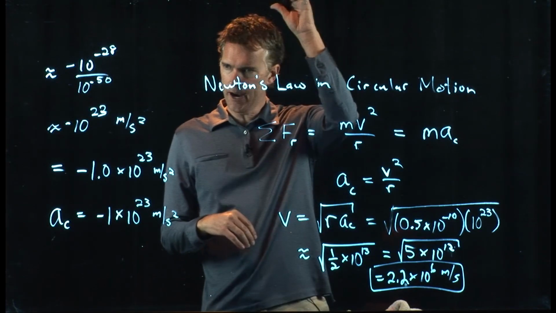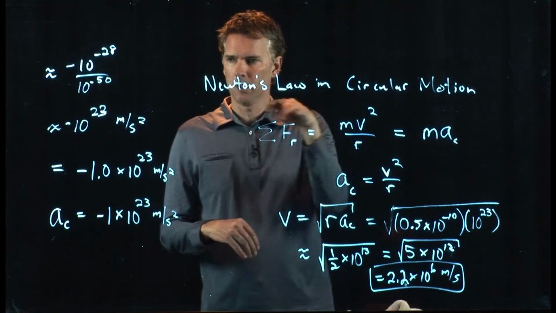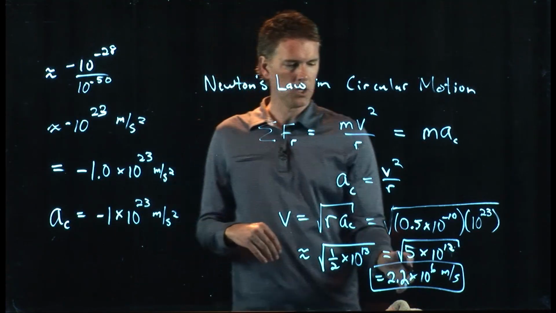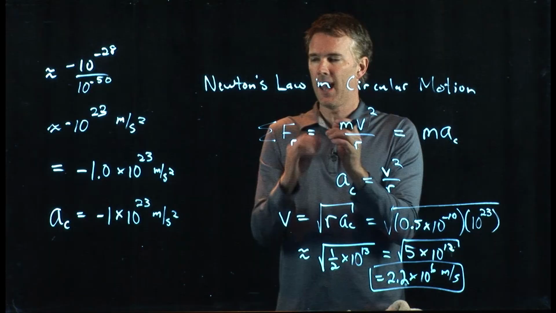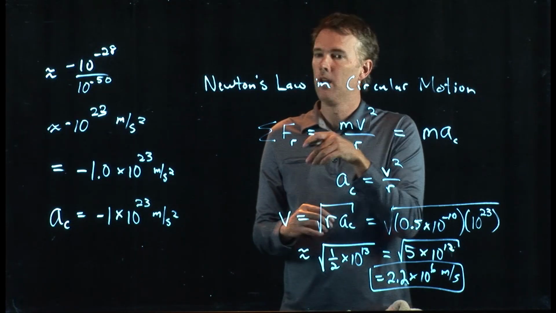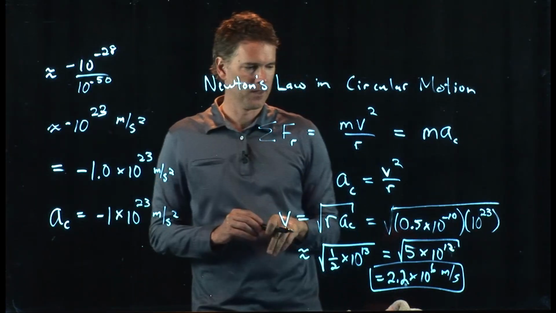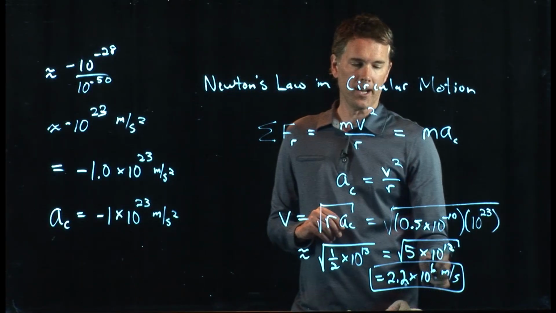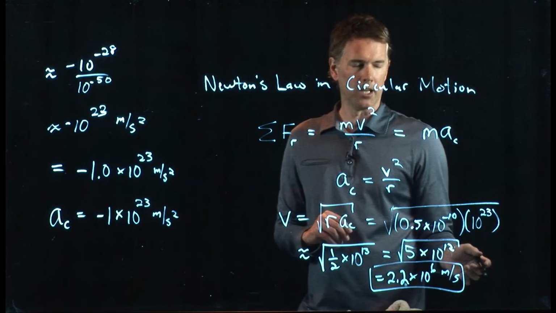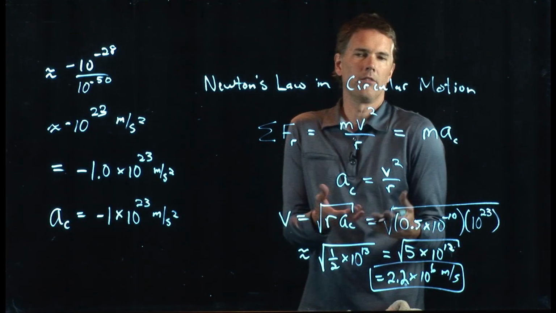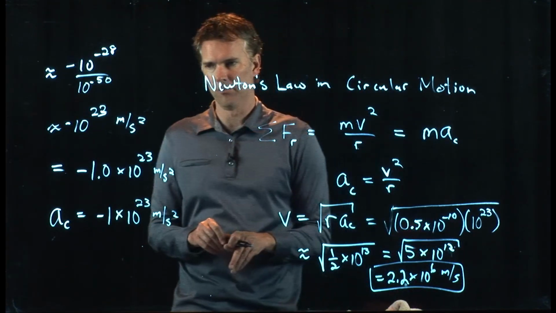If it goes up to a higher orbit, it moves slower. So electrons that are near the nucleus have to move very fast. When they get further away, they can move quite a bit slower. Okay? That's a pretty fast number, right? Speed of light is 3 times 10 to the 8th meters per second. So this is like 1/100th the speed of light.